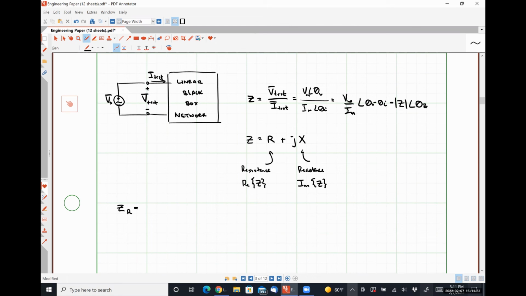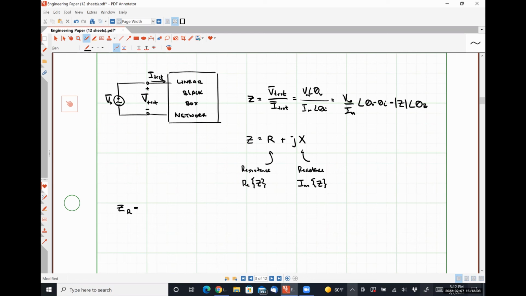It said that phasor voltage V is equal to phasor current I multiplied by R. So if I divide both sides of that expression by my phasor current I, that gives me my impedance.